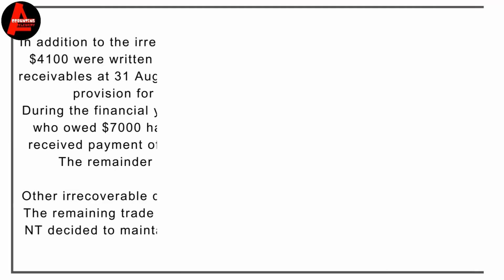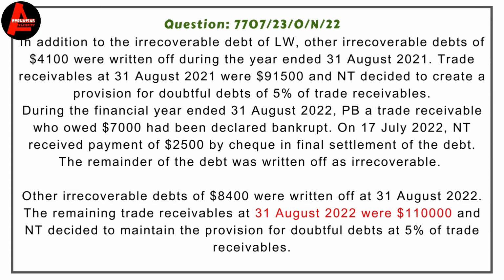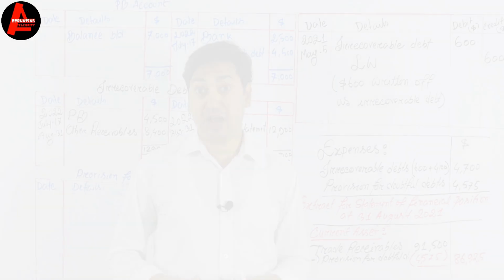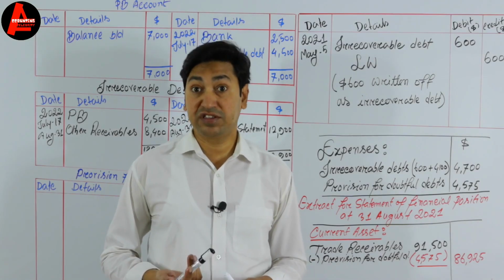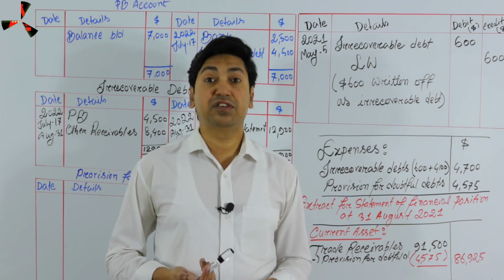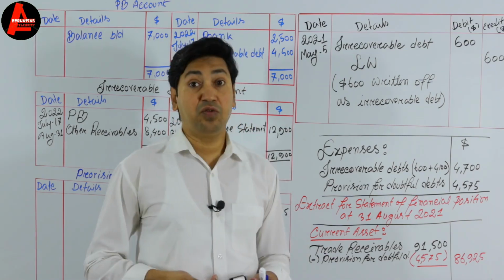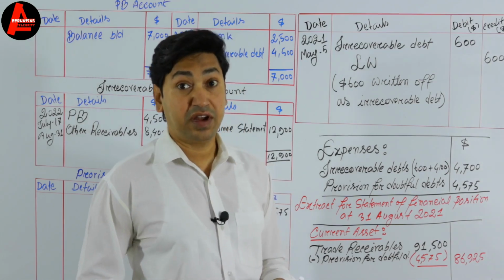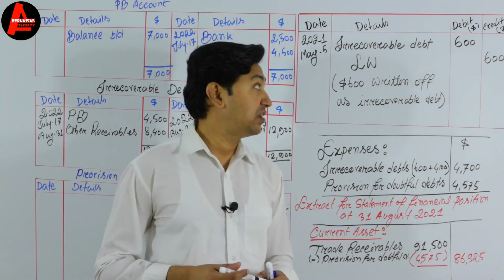Okay, great. So here again the question says, on 31st August 2022, the trade receivables were $110,000. Okay, so here we have one more amount of trade receivable, which is $110,000. So now we need to create provision for doubtful debts at a rate of 5% on this amount.